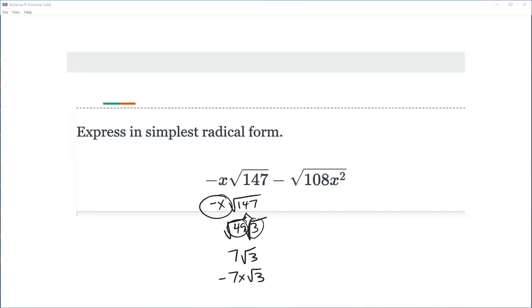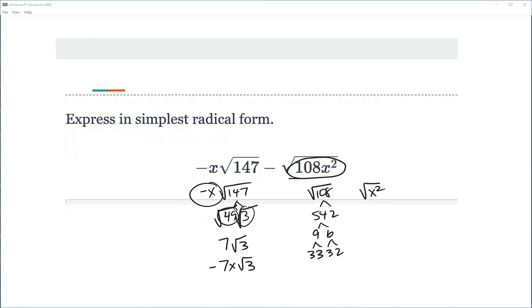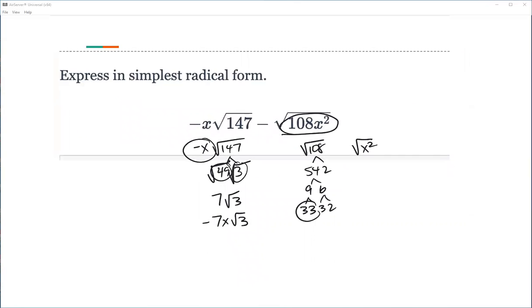And then with the 108 x squared, radical 108, radical x squared. Radical 108 is what, 54 and 2, 9 and 6, 3, 3, 3, 2. So get a pair, because again, it's a square root. There's a 2 right there. So you're getting pairs this time, not triples. So there's a pair of 3s, there's a pair of 2s, and what's left inside is the 3.